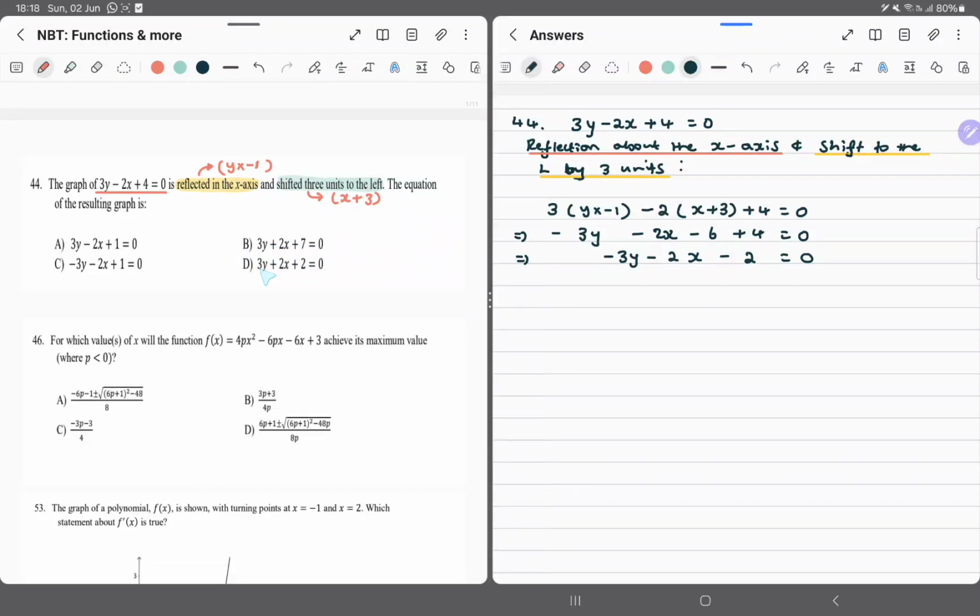Now we've got all the coefficients 3, 2 and 2, but now the signs are all positive. So what happened here? This simply means we transposed the left hand side to this side.